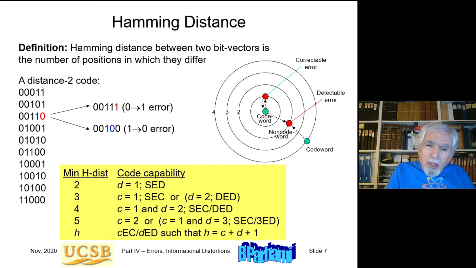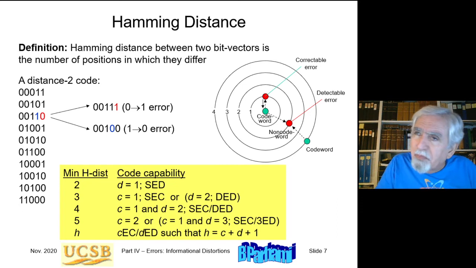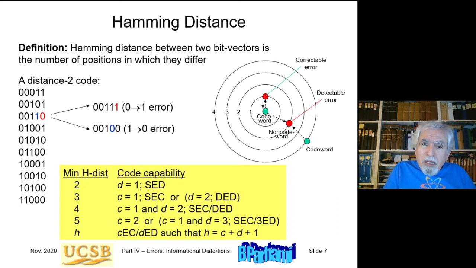Okay. More generally, Hamming distance 2. I sometimes say just distance rather than Hamming distance, because in the context of coding, distance means Hamming distance. If I have a distance of 2, then I can detect single errors, and such a code is known as a single error detecting code. If I have a distance of 3, I can detect double errors.